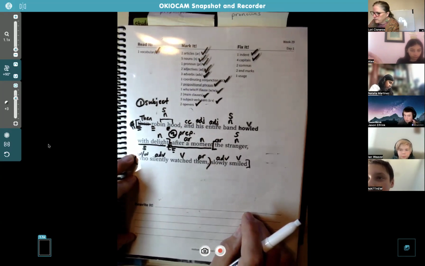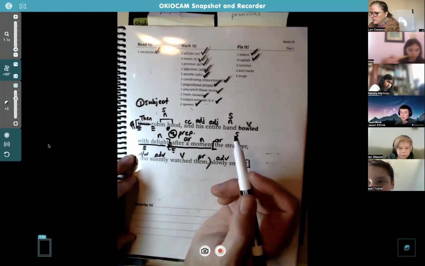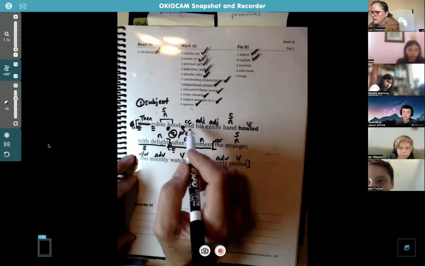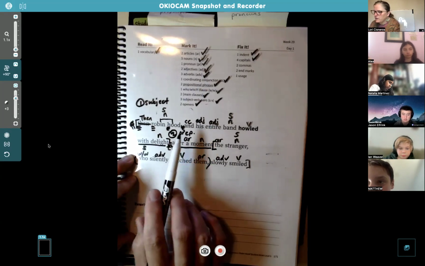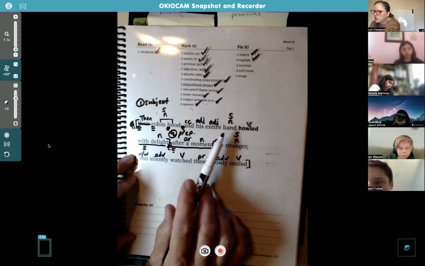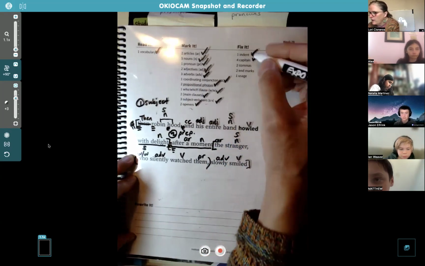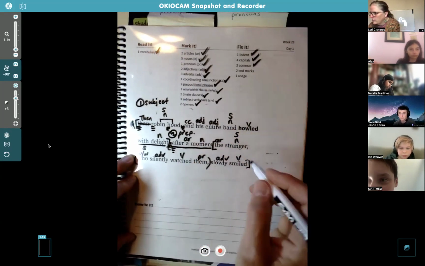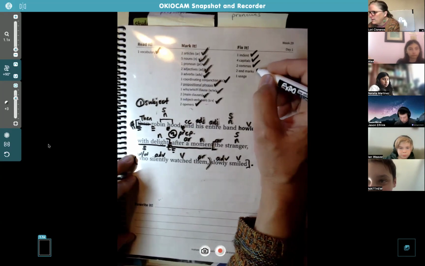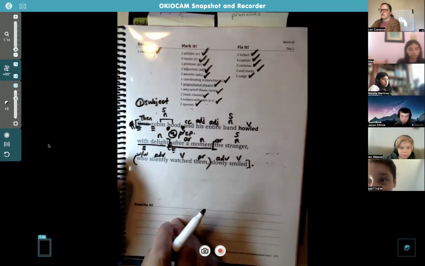I'll need to take one out, I think. Yes, which one? At the beginning-ish, after Hood. After Robin Hood, yep. Take that one out because it's only listing two nouns here, Robin Hood and his entire band. That's correct. Two end marks, we already have one. We'll put the other one there, and then we already fixed the usage, which was then.